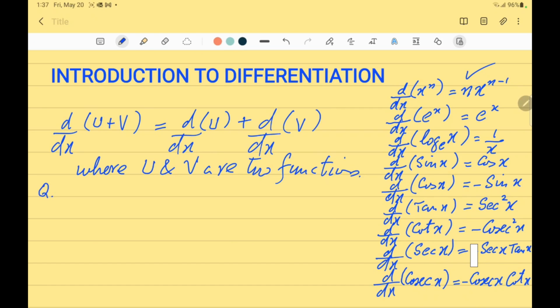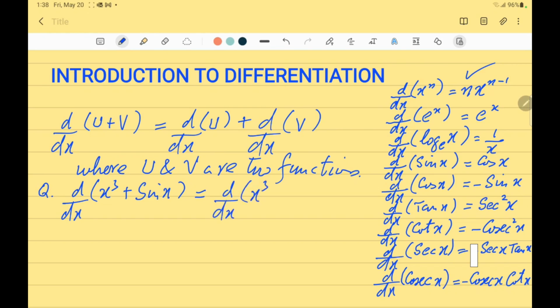Our first question in this case: differentiate x cube plus sin x with respect to x. So what we have to do in this case, x cube is there in place of u and sin x is there in place of v. So simply we will separate them, like we will write it d by dx of x cube plus d by dx of sin x.